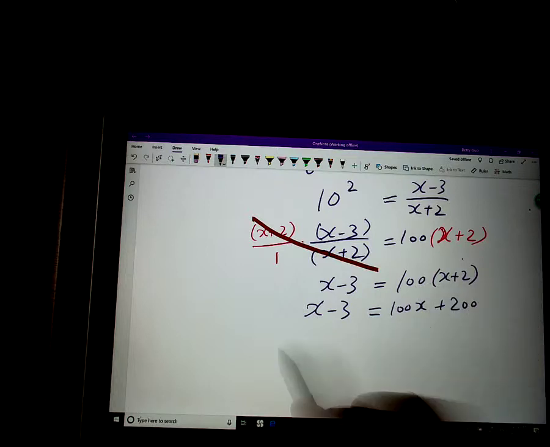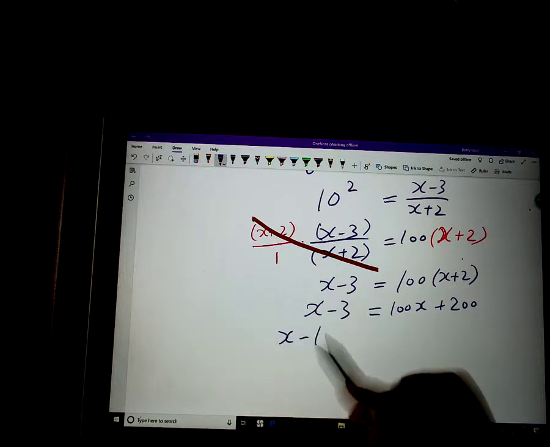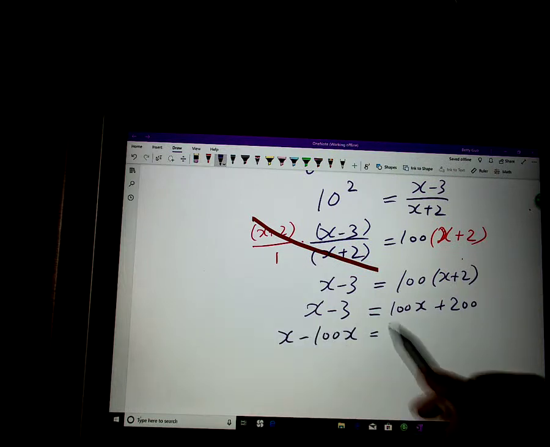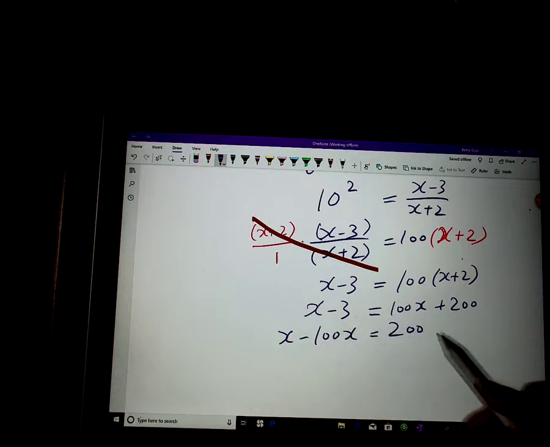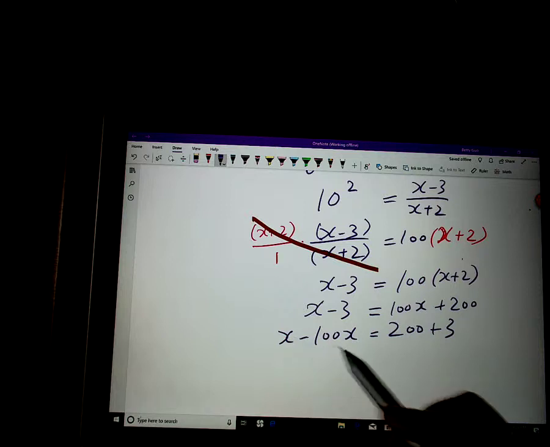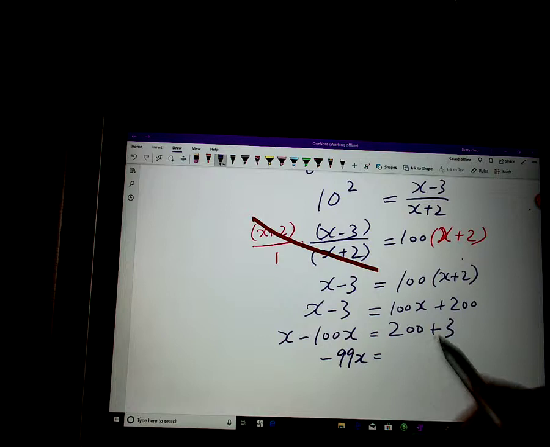I move 100x over. I have a negative 100x. I move a negative 3 over. I have a positive 3. I move them around because I want to combine like terms. x minus 100x, negative 99x. 200 plus 3, 203.